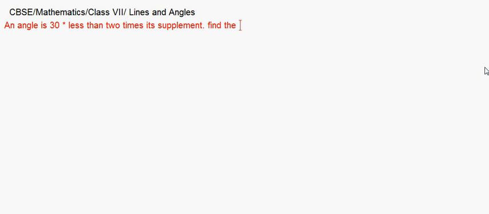Find the angles. Now this is talking about supplementary angles, so the sum will be 180. I'm just assuming this to be the figure. One is the smaller one, the other is a big one. The angle is 30 less than 2 times its supplement.